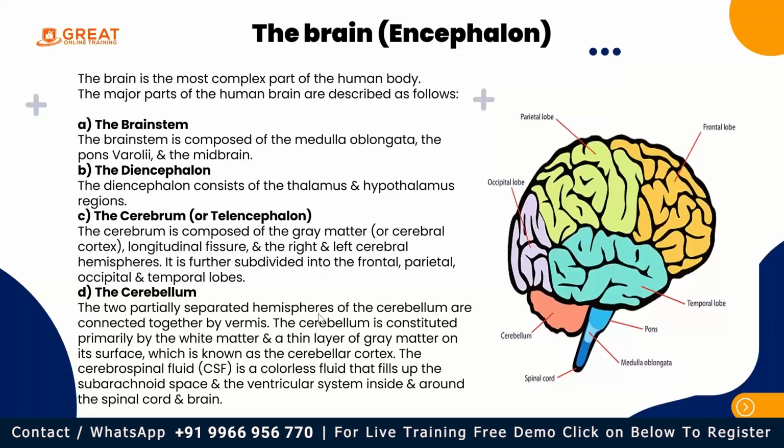The cerebellum is constituted primarily by white matter and a thin layer of gray matter on its surface, which is known as the cerebellar cortex. The cerebrospinal fluid, also known as CSF, is a colorless fluid that fills up the subarachnoid space and the ventricular system inside and around the spinal cord.